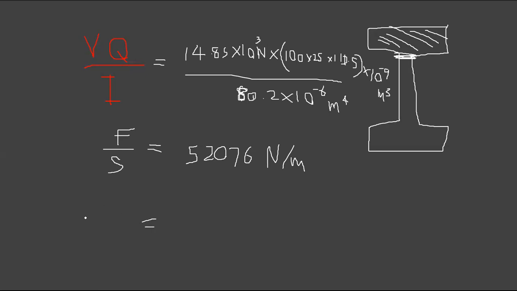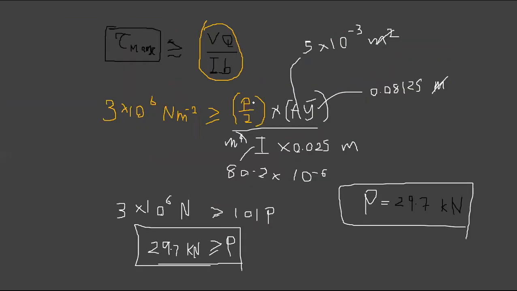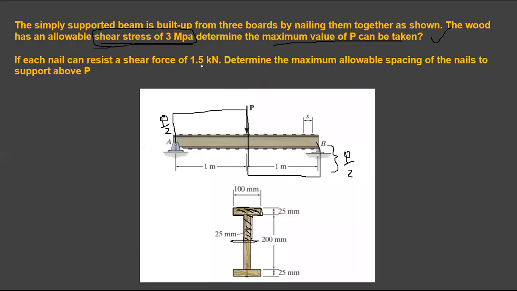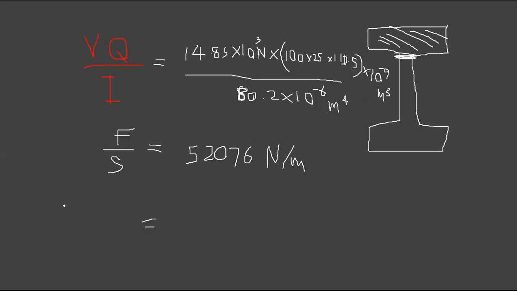Your F value is what your nail can take, 1.5 kilonewton, so that's going to be 115 newtons. This is newtons per meter.